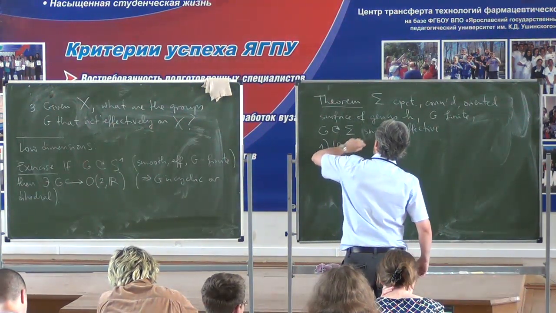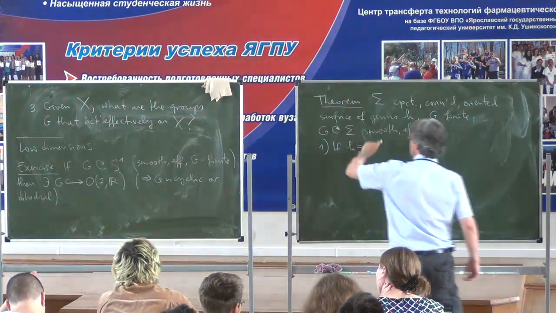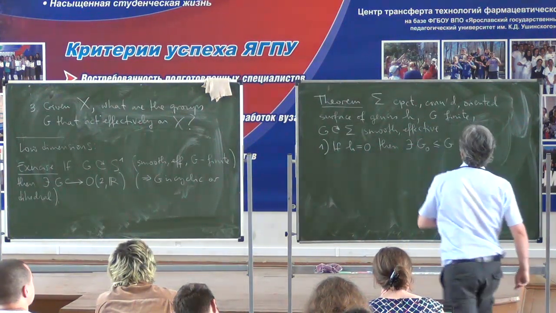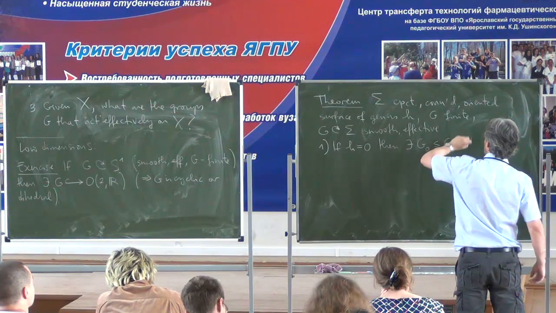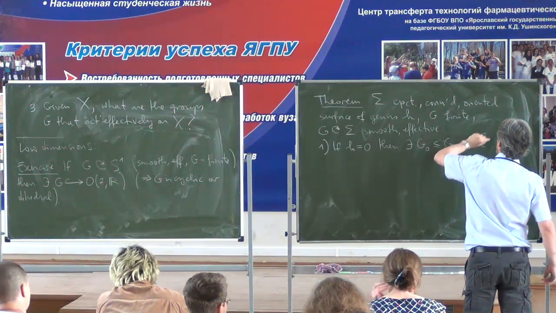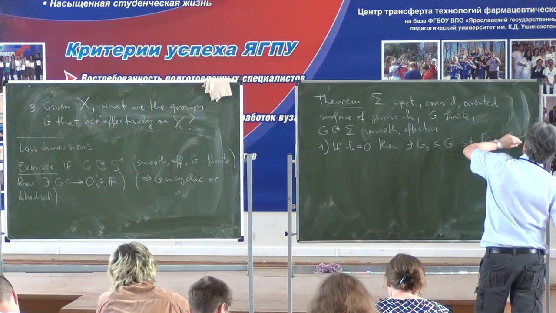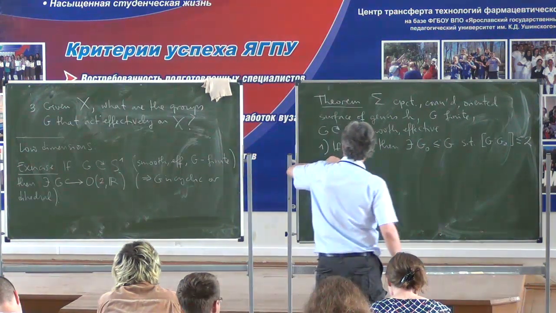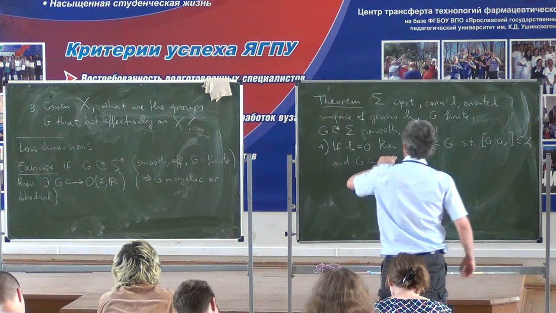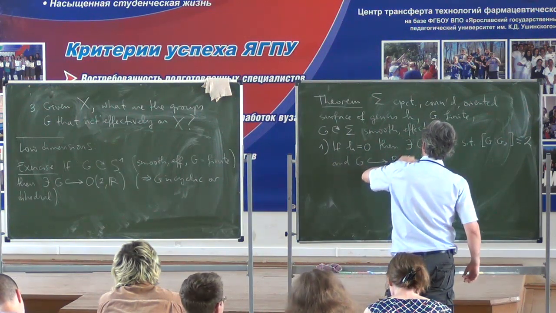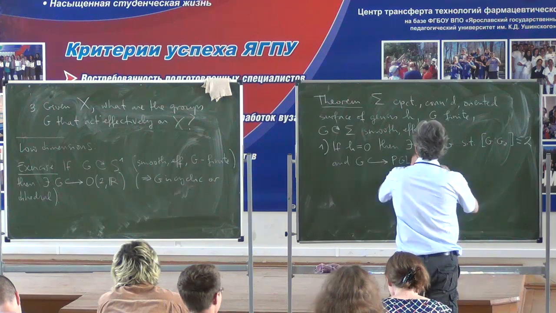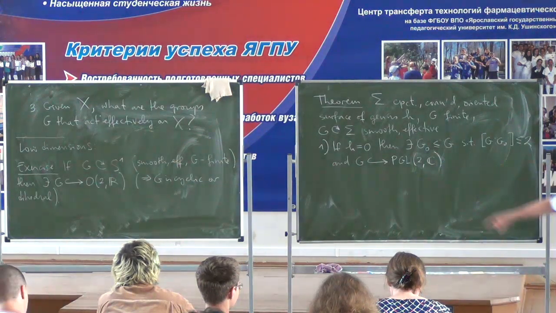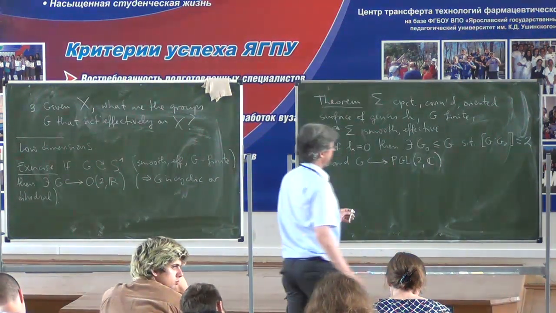Then one can make the following statements. If the genus is 0, then there exists a subgroup G0 of G such that its index in G is at most 2, and G0 can be embedded in the group PGL2C.